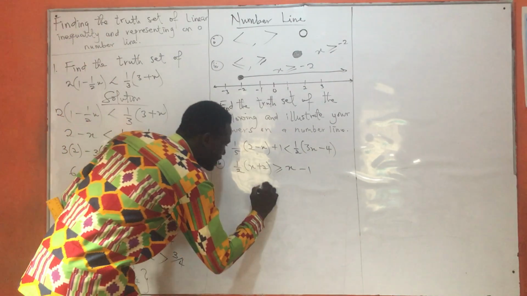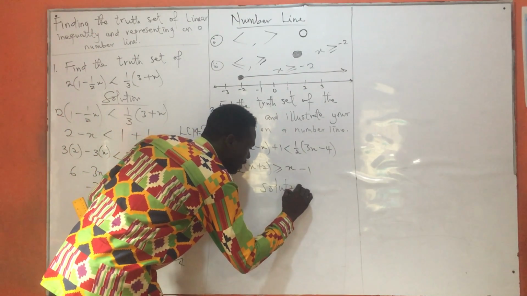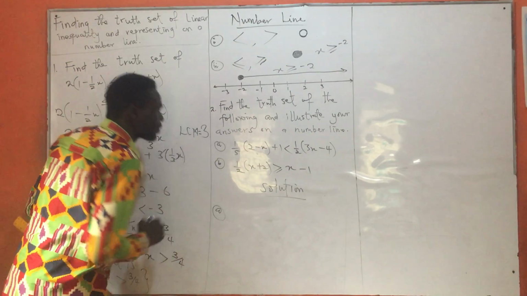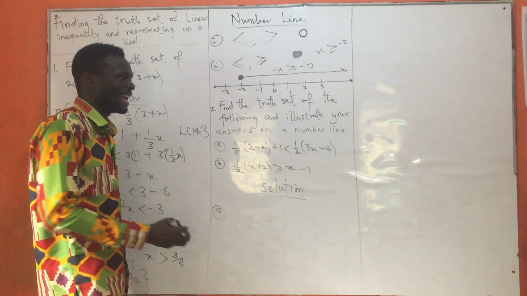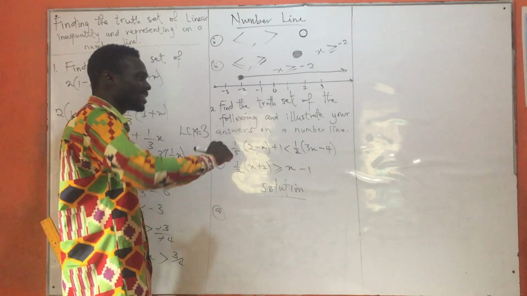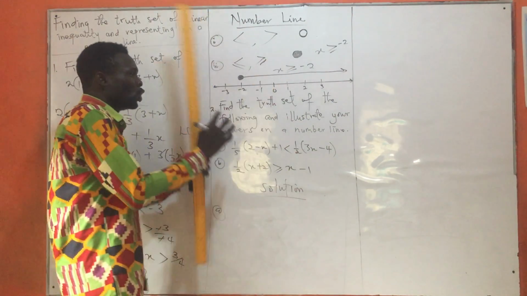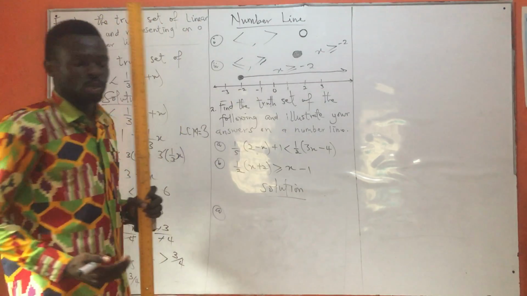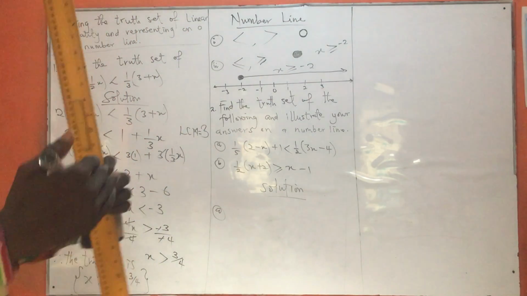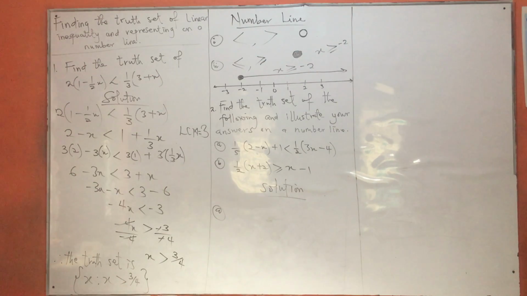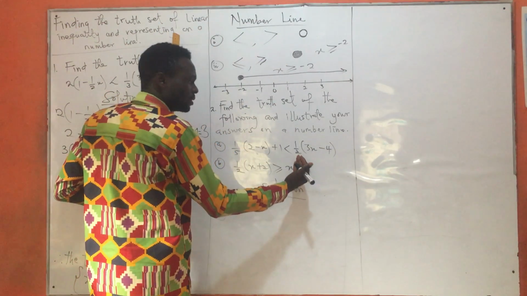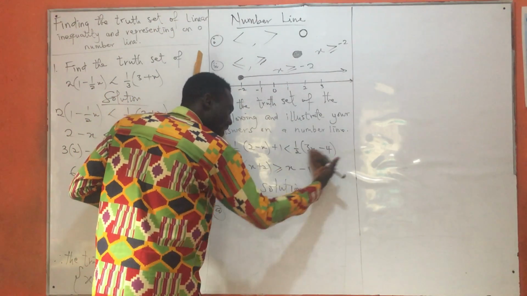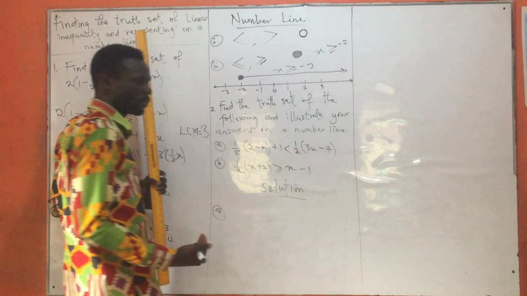So let's take the solution A. It says you are to find the truth set of the following and illustrate your answers on a number line. So look at the first one. You have 1/5 bracket of 2 minus x plus 1 less than half bracket of 3x minus 4.